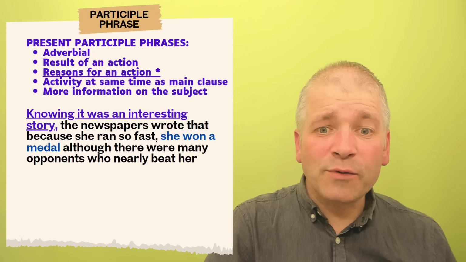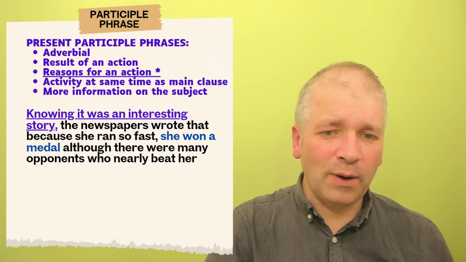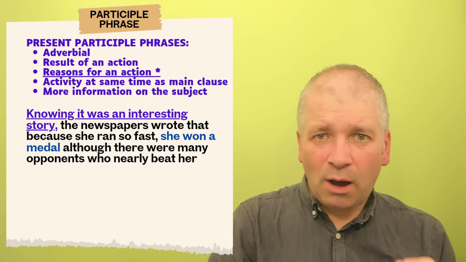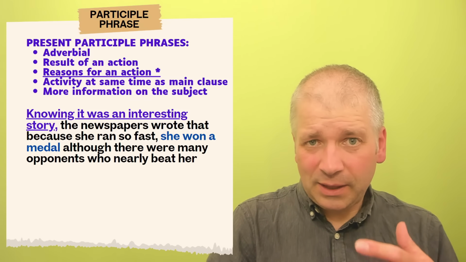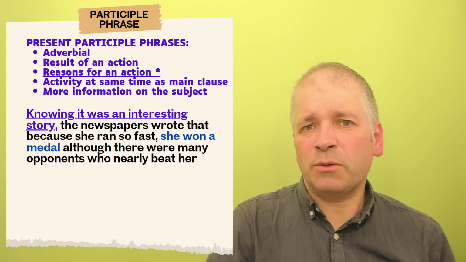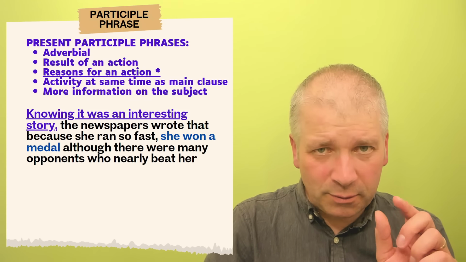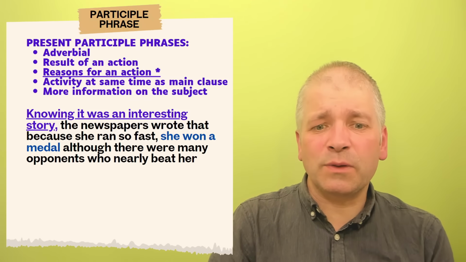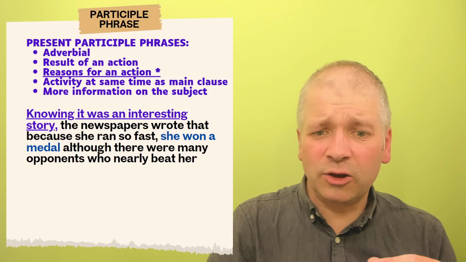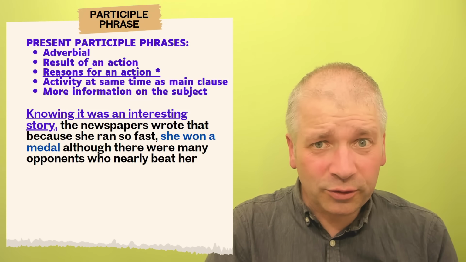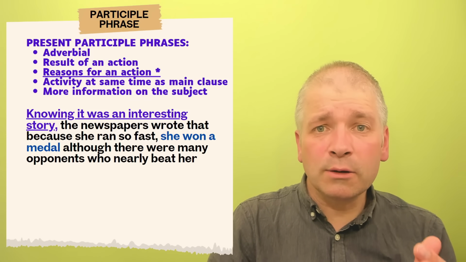We can also have present participle phrases. Again, these are adverbial in nature because they say something about the rest of the sentence, or they have a special relationship with the rest of the sentence. The different possibilities are here. It could be that we're introducing the result of an action or the reasons for an action.